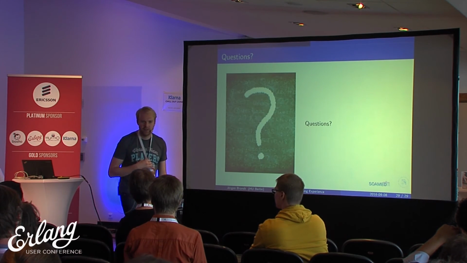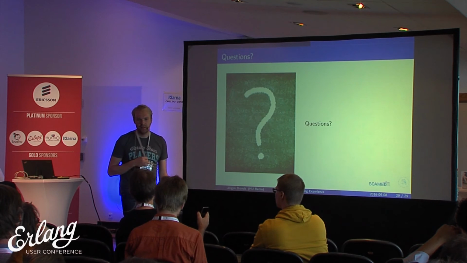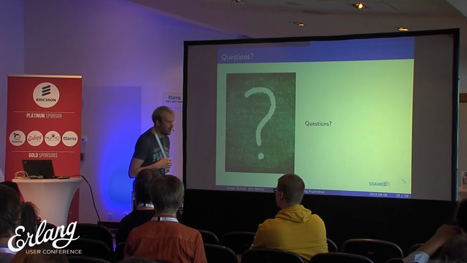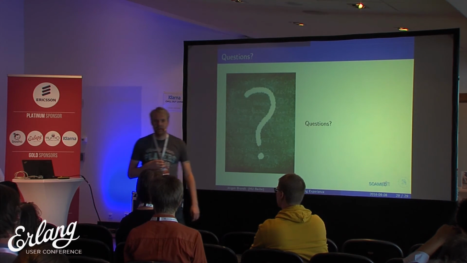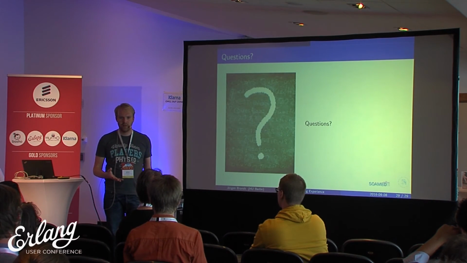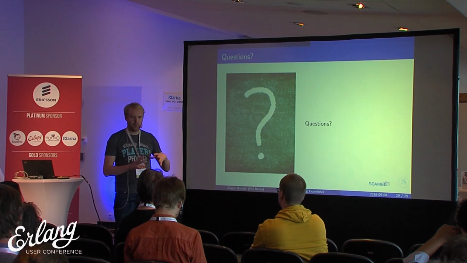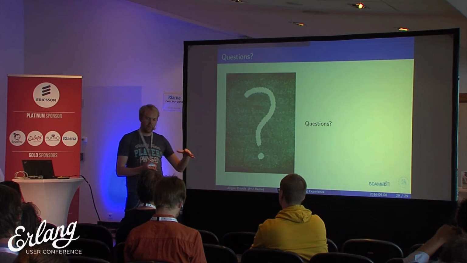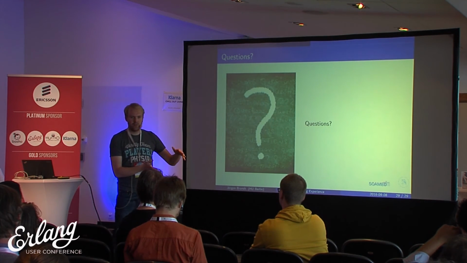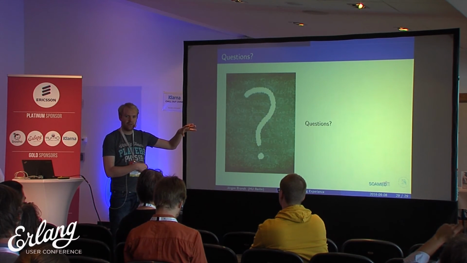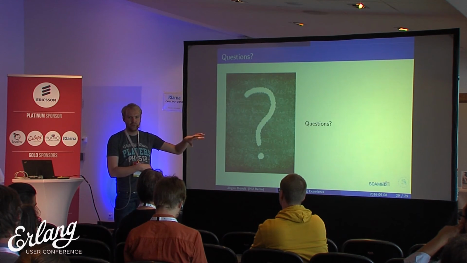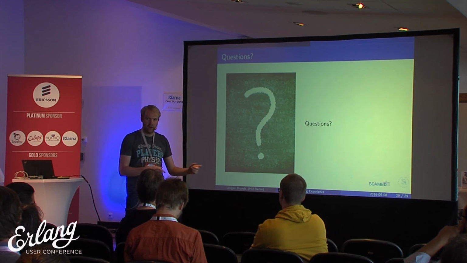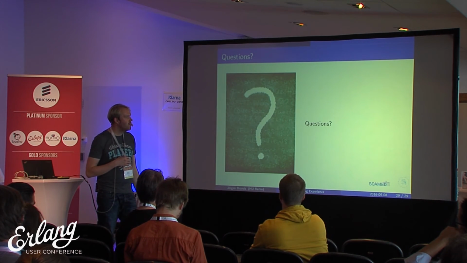You have a question? Yeah. How are you calling out to the other languages? How are you interfacing? So the question is how we interface to other languages. So essentially, we open an Erlang port where we run the body of the script that you gave us. And the body of the script is not enough. So what you first have to do is bind the input variables to the arguments that were given in the function call.